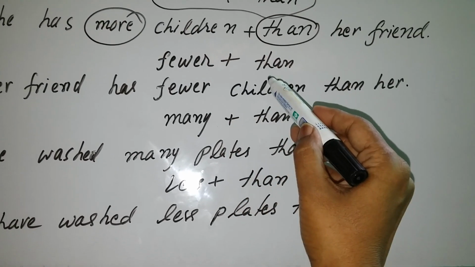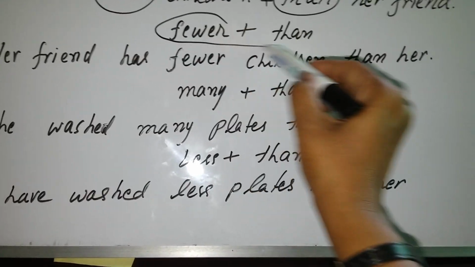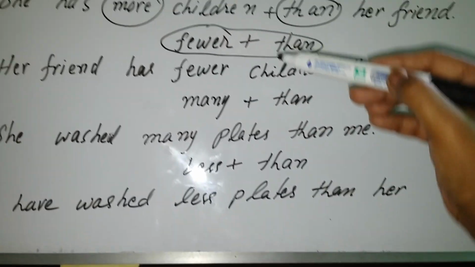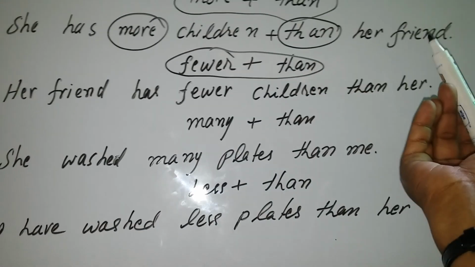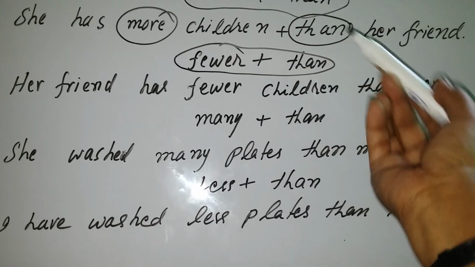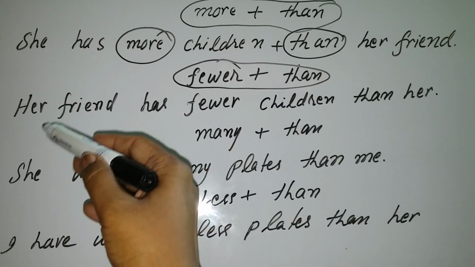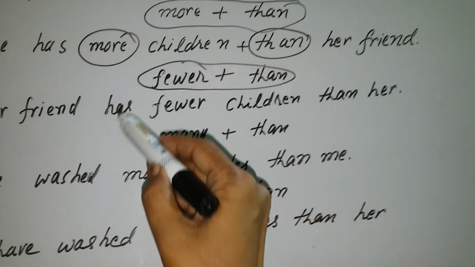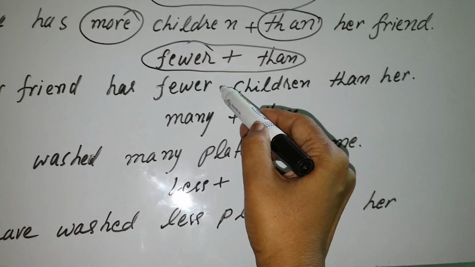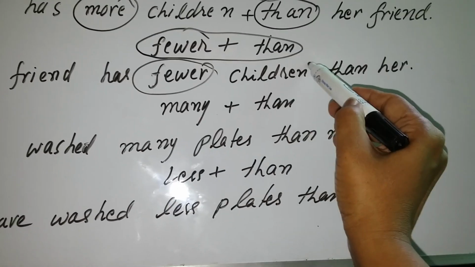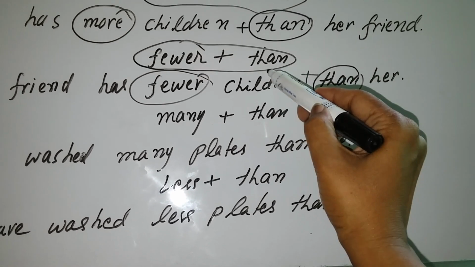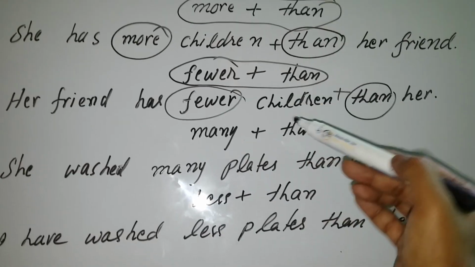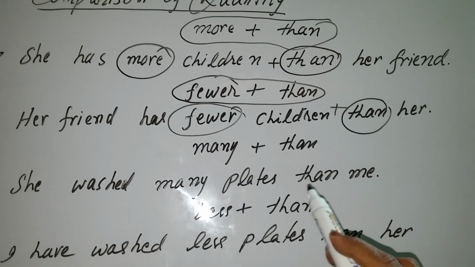Fewer plus than. If you want to change this sentence into other words, you can say her friend has fewer children than her. Has fewer plus than, and the noun is written in between these two words.